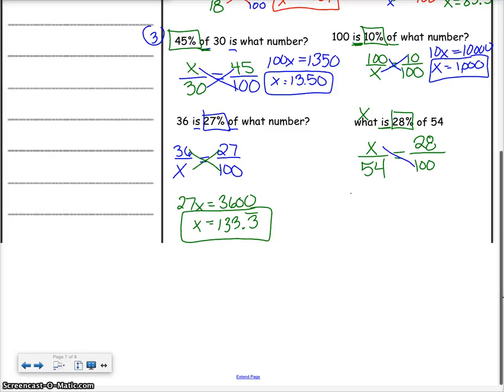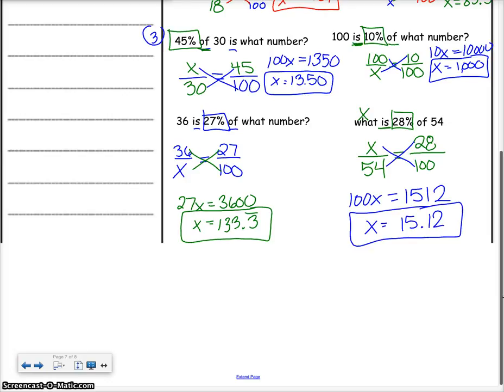Cross product, 100x equals 54 times 28, which is 1,512. Divide that by 100, and you get 15.12 is your is, or my variable.